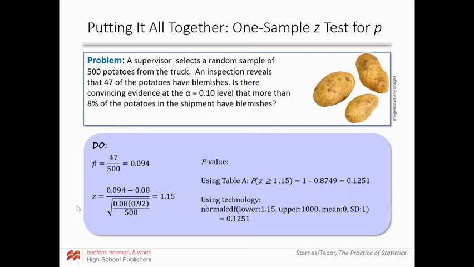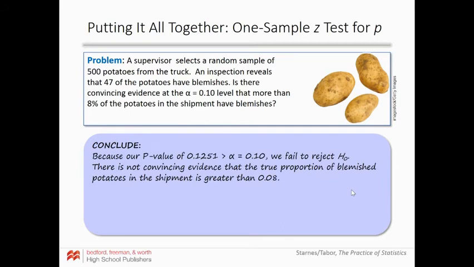So we take our z-score to get it to be 1.15. And then we use our table or the calculator. We find the probability of getting a value of 1.15 or greater, and we see that it is 0.1251. Basically, this means the probability of getting a value of 1.15 or greater by chance alone, knowing that the true proportion is 0.08, is 12.5%.